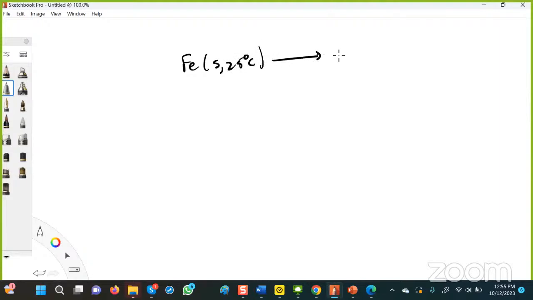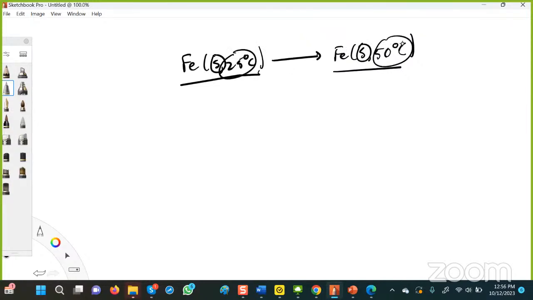And if you were to heat that iron to, let's say, 50 degrees Celsius, believe it or not, this iron here at 50 degrees is in a different state compared to this iron here at 25 degrees. Even though in both states, it's a solid state, but simply by virtue of the fact that the temperature changes, that means that the state is different, right?